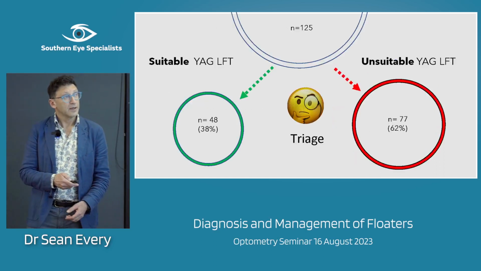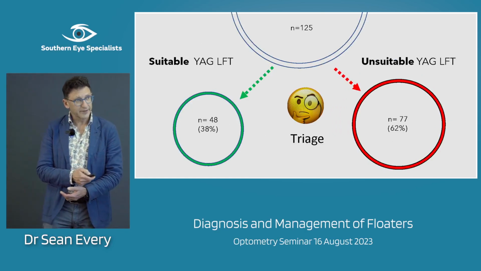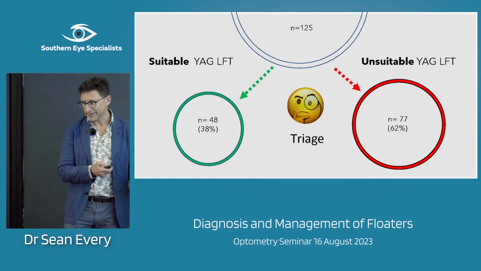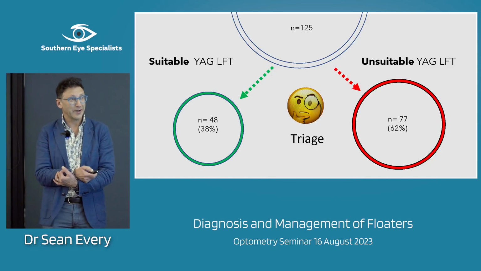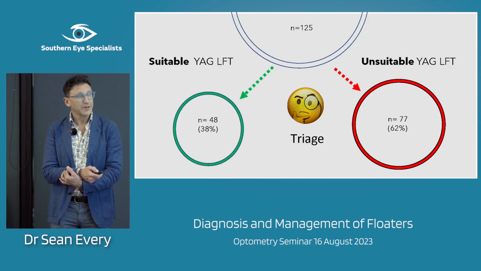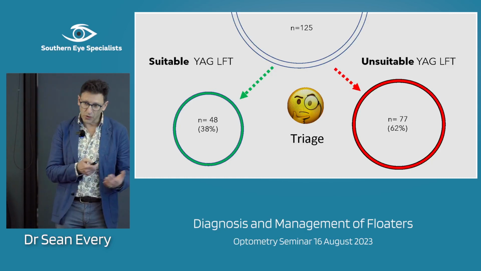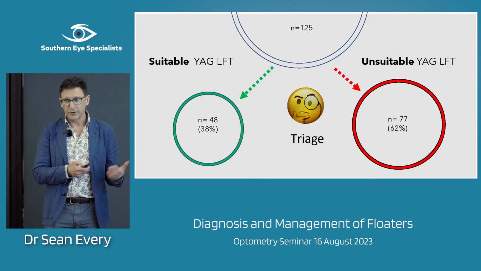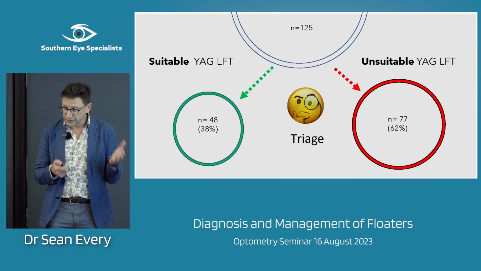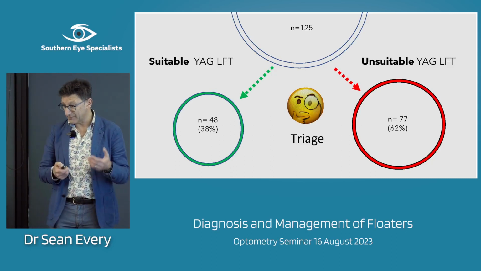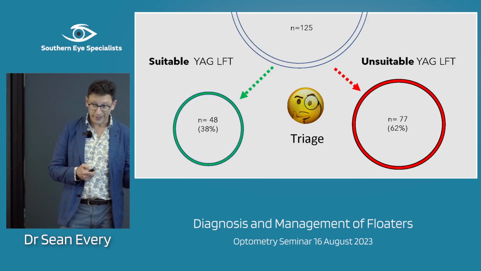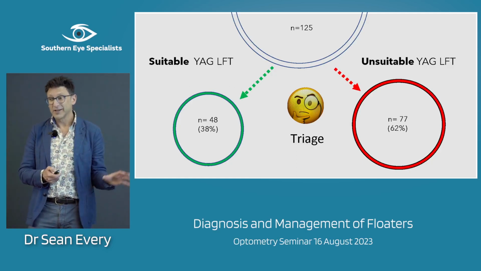And so this is the key to success or failure, this one basically. So I've got my group of 125. And it's all about triage, basically. What's going on here, what's the most appropriate treatment? I'm talking about standard PVD or syneresis related floaters, okay? This is just nothing else.